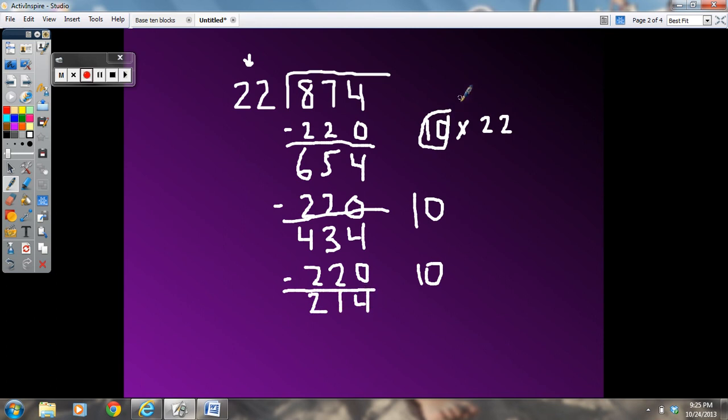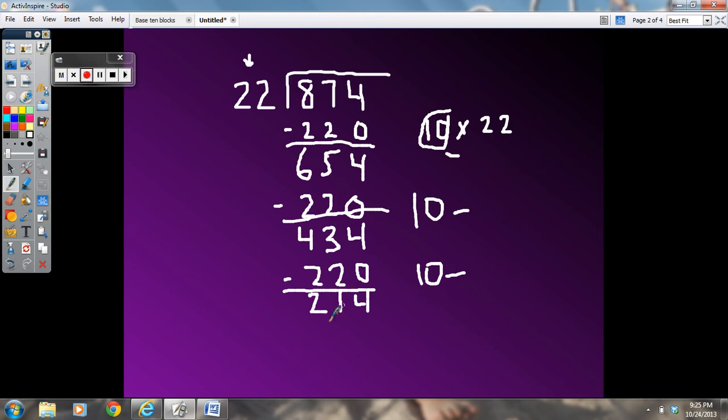So far, I've made 10 groups of 22 here, 10 groups of 22 here, and 10 groups of 22 here. That means I've created 30 groups of 22 so far.